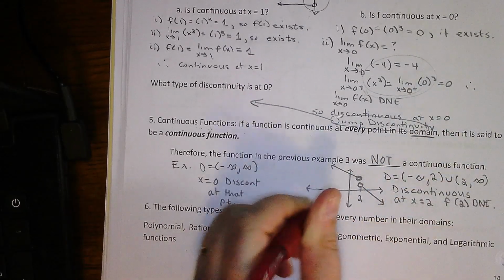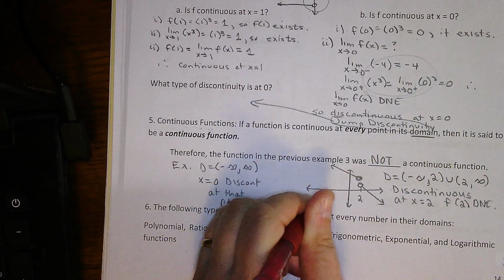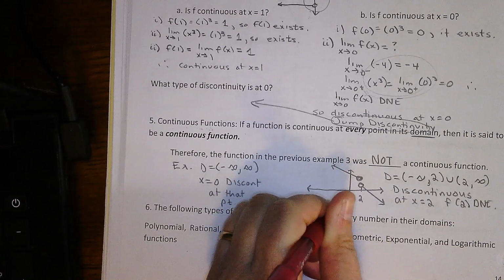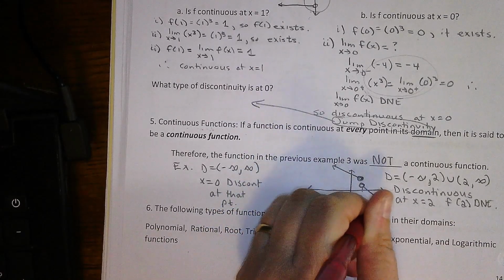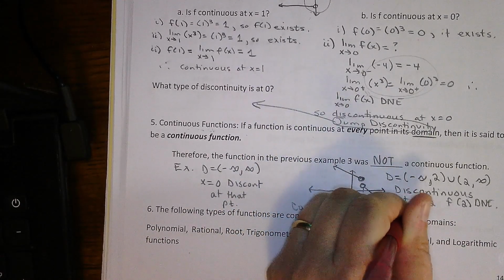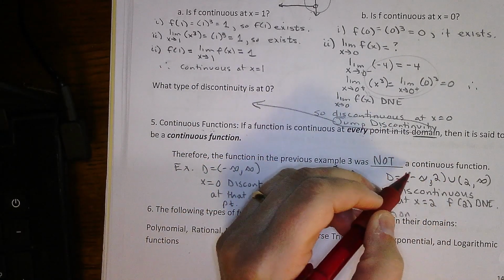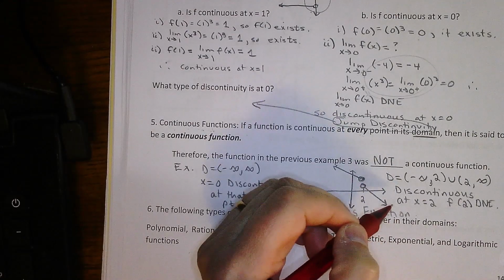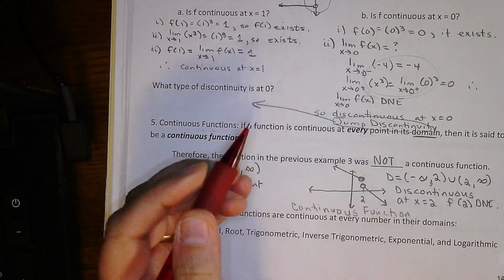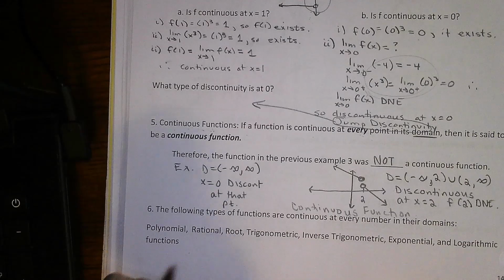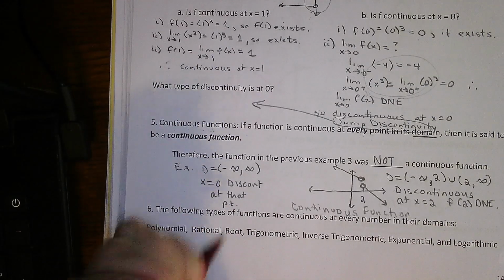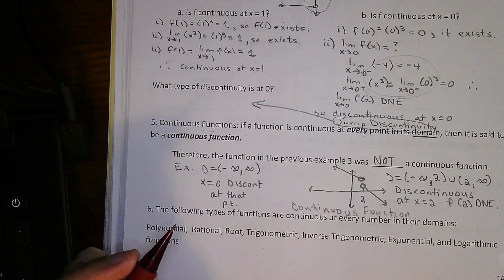But this is, by definition, a continuous function. Why? Because it's continuous throughout the life of its domain. 2 is not in the domain, so you don't have to worry about it. So that is very tricky, and you really have to know your definitions.